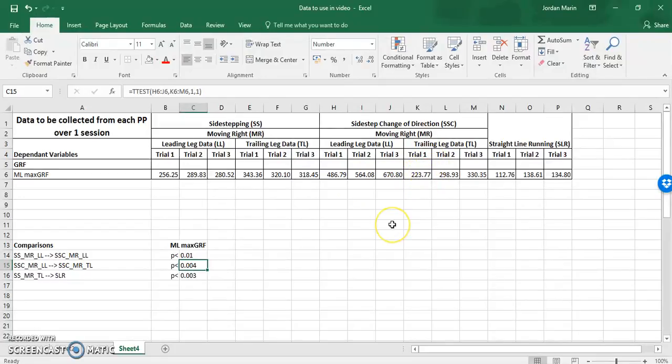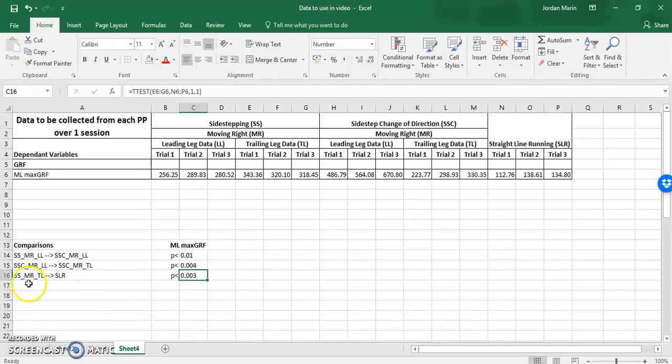And this is important when we're looking at whether he changes direction sidestepping more in one direction or the other, and whether that is causing excessive loads on the knee, ankle, hip, or whatever. So it is important to note those differences between force application in the leading and the trailing leg.